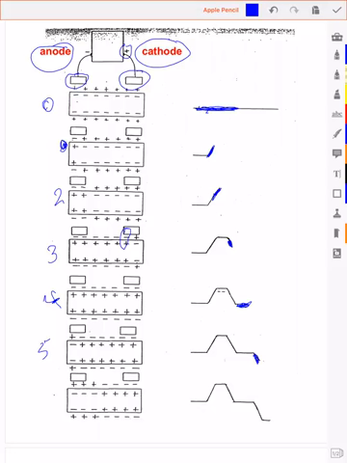Okay, and now on 6, my action potential is propagated more. My anode's seeing even more positive charge. My cathode's still negative. And now I get an even further downward deflection in my ECG.